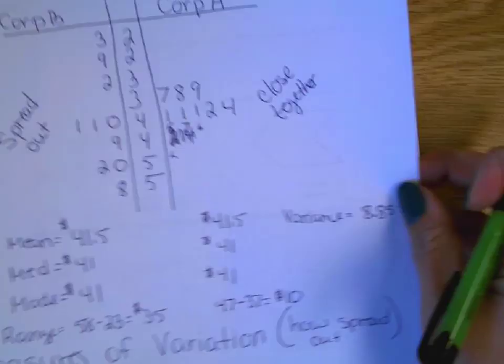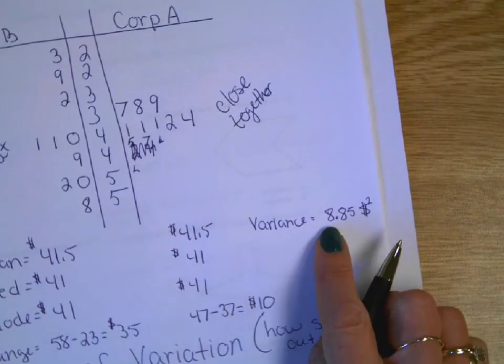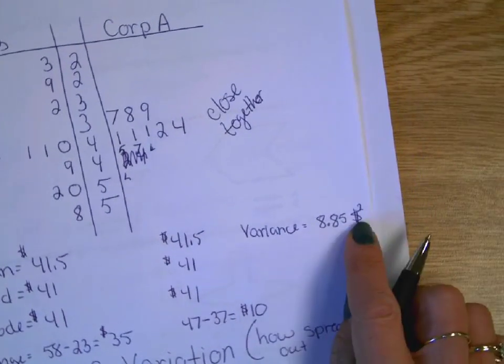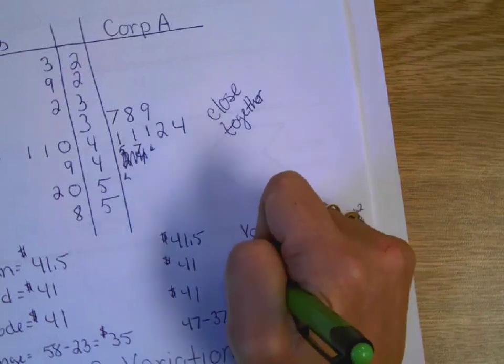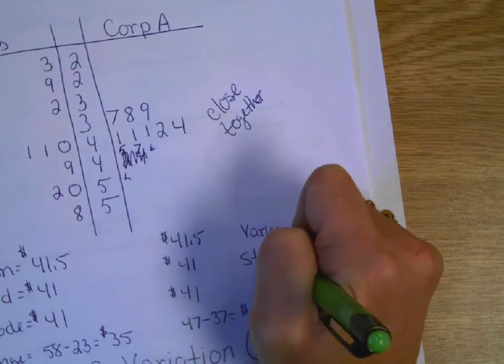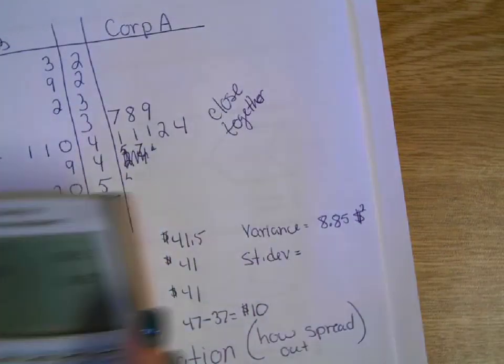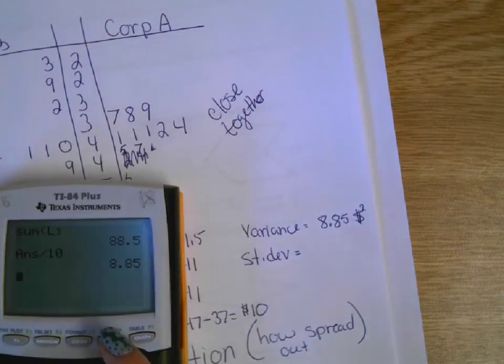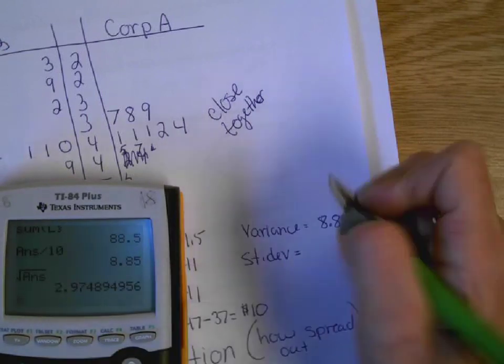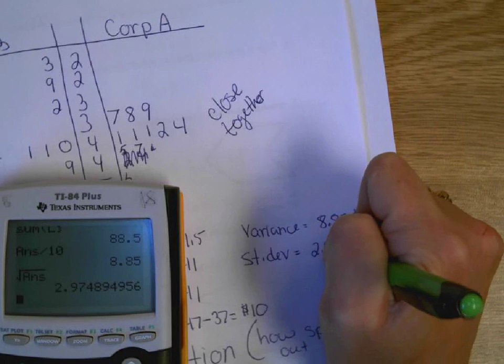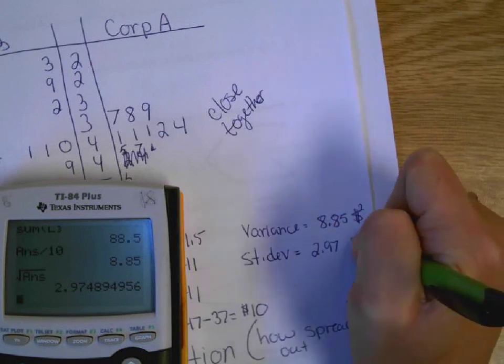So, if our variance is 8.85 thousands of dollars squared, the standard deviation is the square root of that, $2.97 thousand dollars.